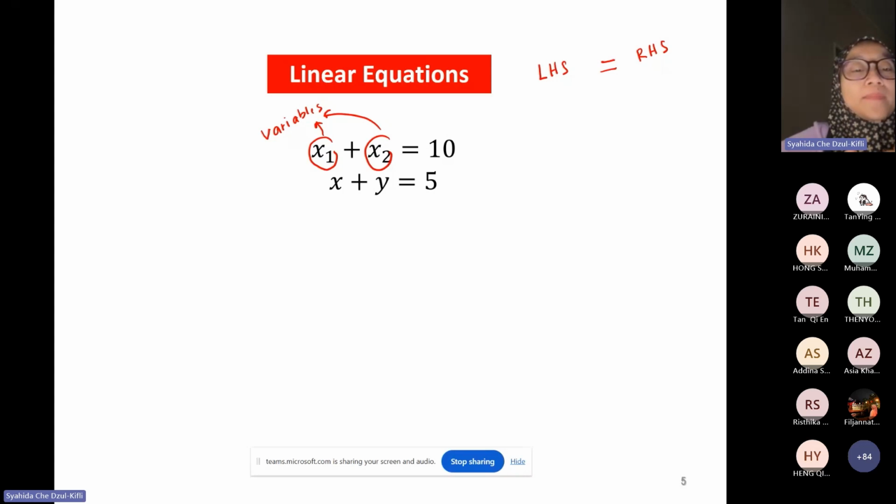Okay, can you understand? Both are equations with two variables. There are two variables, but we use different symbols for these variables. No problem. We can use x, y, we can use x1, x2 and so on. But we are not going to use a symbol like capital A, B for variables.